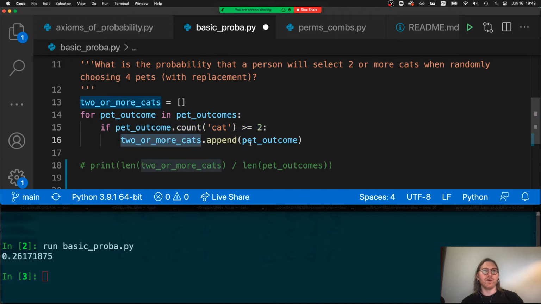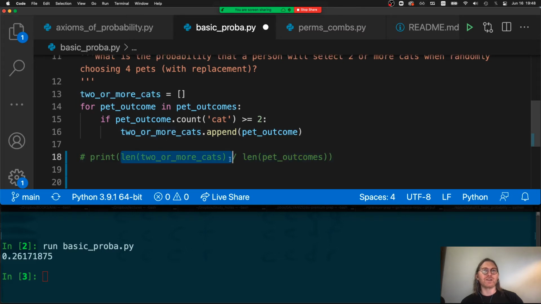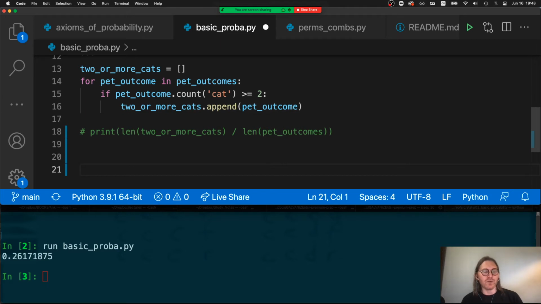We collect those elements that satisfy the conditional statement, and we look at the cardinality of the subspace over the cardinality of the sample space, and that is a probability. That is the probability of the subspace event occurring.